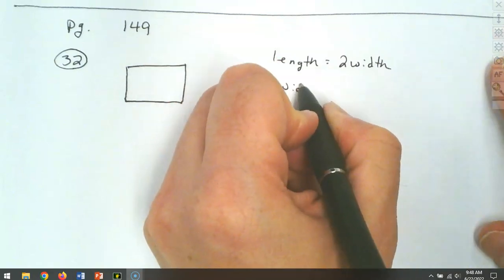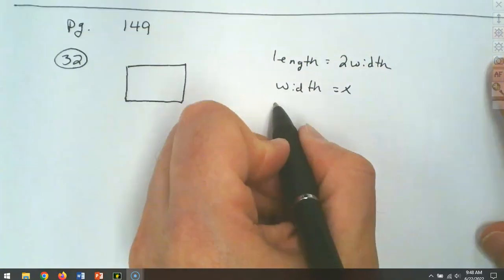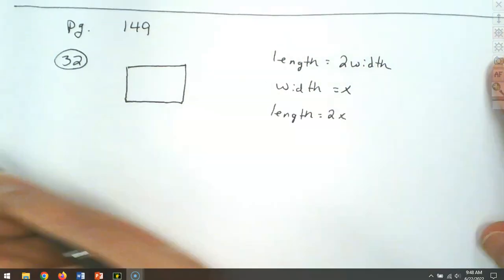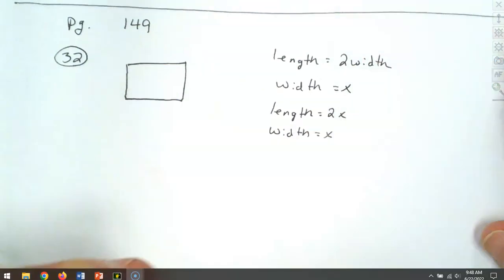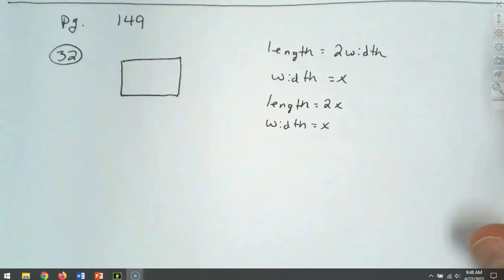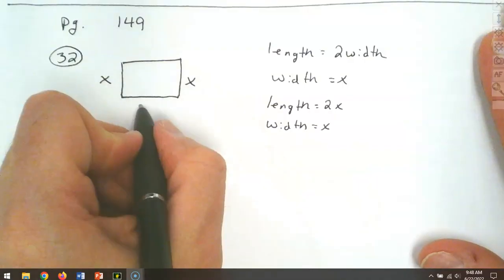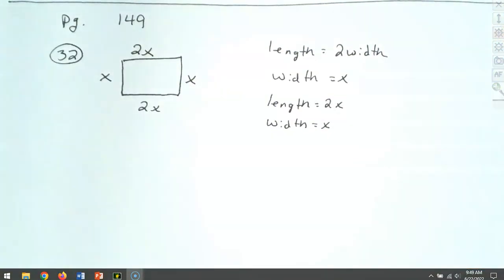And so we're going to call the width now x. So then the length would be 2x, and the width would be x. So when we dimension our rectangle, we've got an x and an x, and then we've got 2x and 2x. So there's our rectangle.